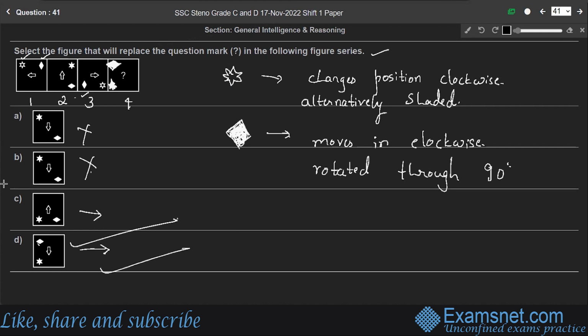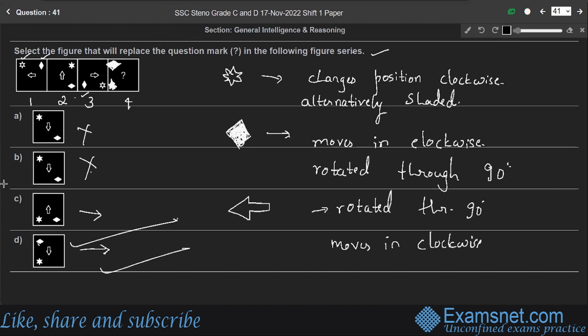Consider the third figure also, which is an arrow mark. In the first figure, it is pointing towards the left. In the second figure, it is pointing upwards. That means it is rotated through 90 degrees, and moves in clockwise direction.